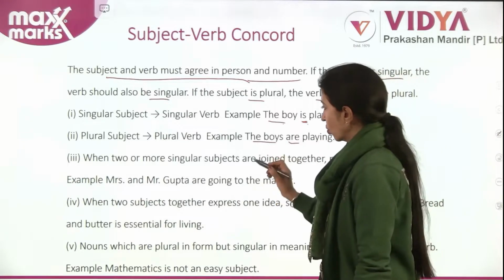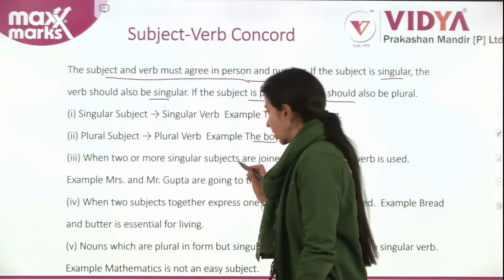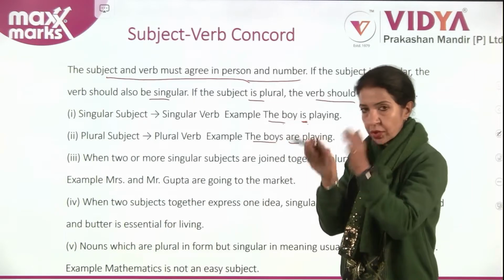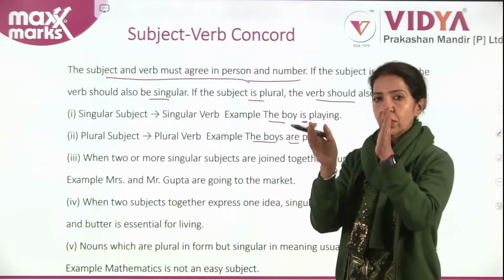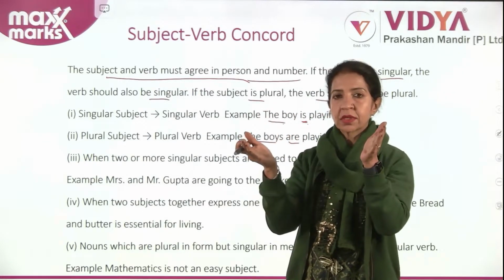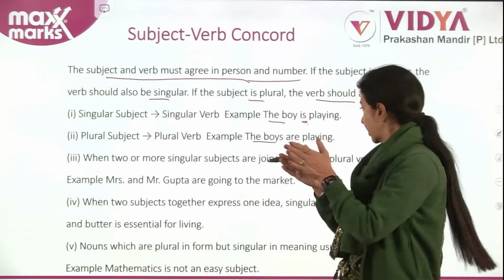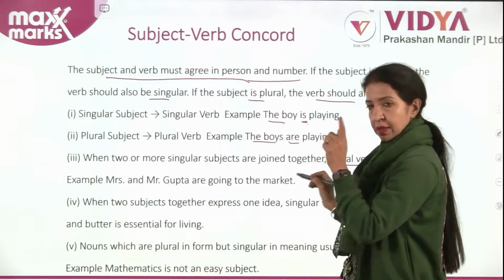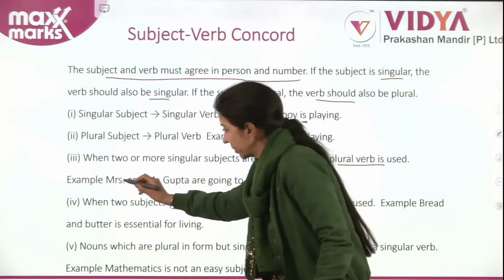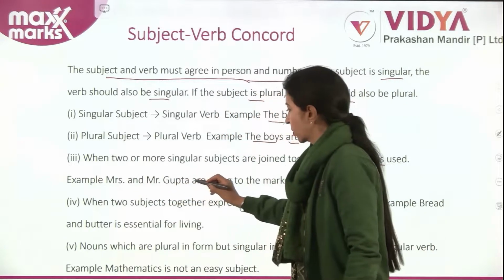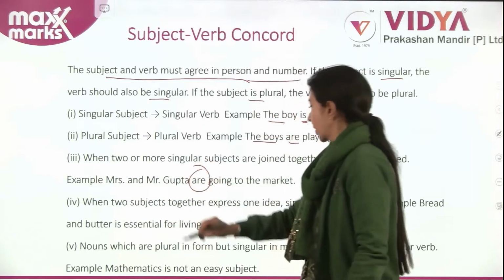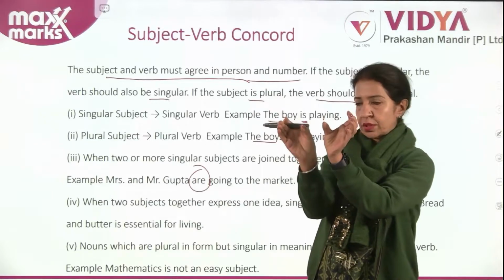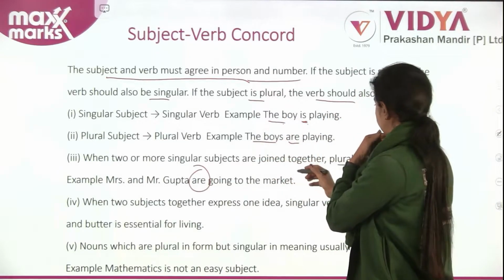When two or more singular subjects are joined together, a plural verb is used. Example, Mrs. and Mr. Gupta are going to the market. Two singular subjects have been joined, so we are using are.